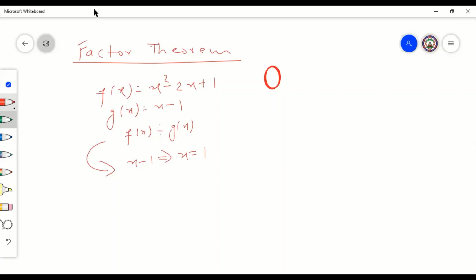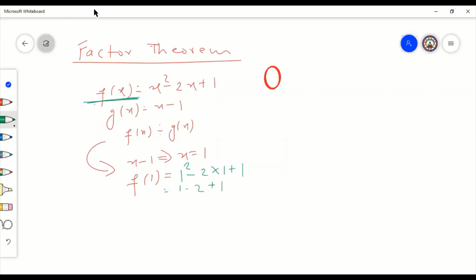So if you substitute the value, the remainder of this polynomial when divided is given by f(1). Substituting: 1 squared minus 2 into 1 plus 1, so we get 1 minus 2 plus 1.